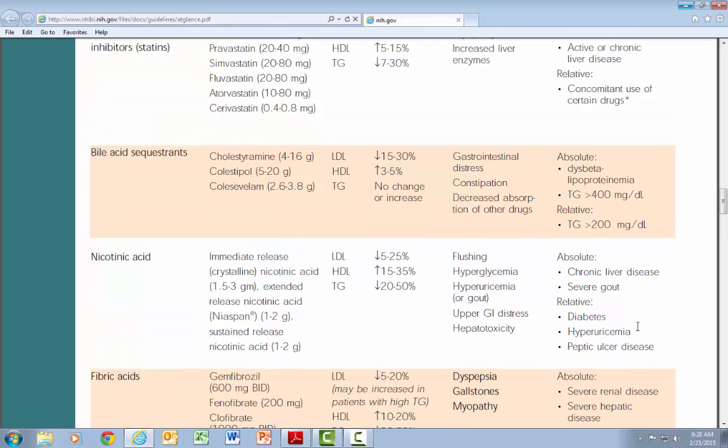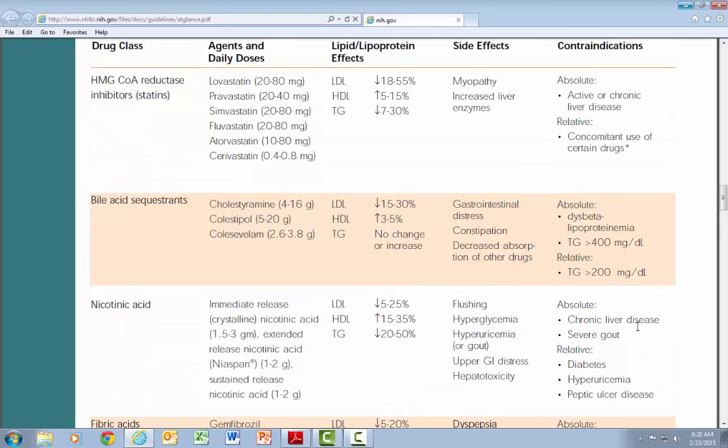So if I were you, for absolute contraindications to best memorize for all the drugs, active or chronic liver disease, so anytime there are liver enzymes elevated, is an absolute contraindication for all the drugs.